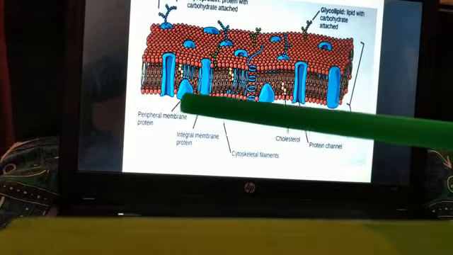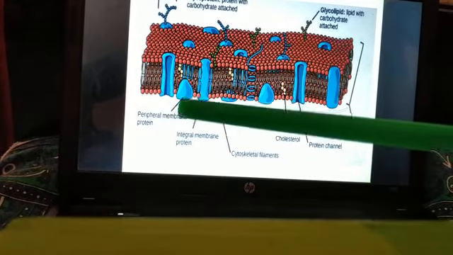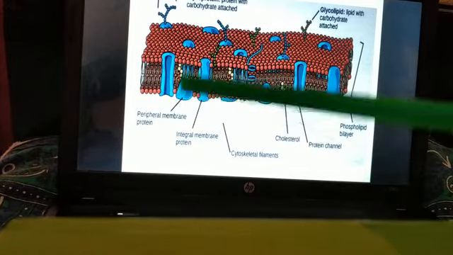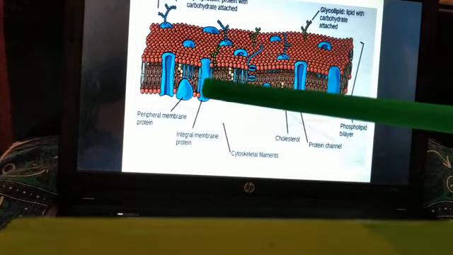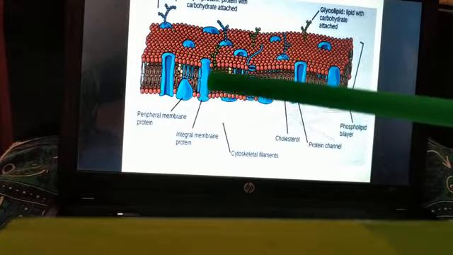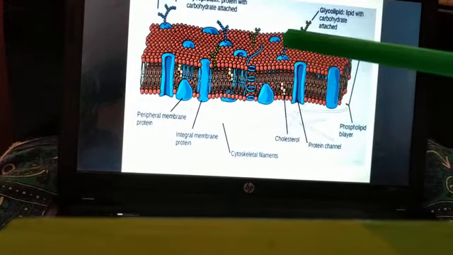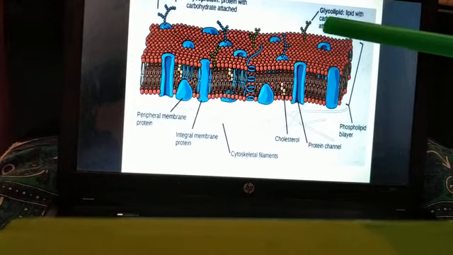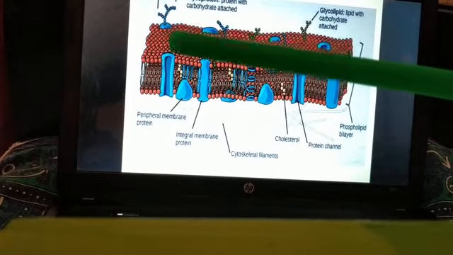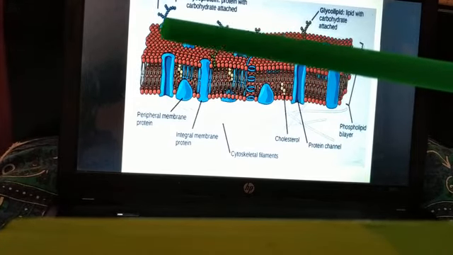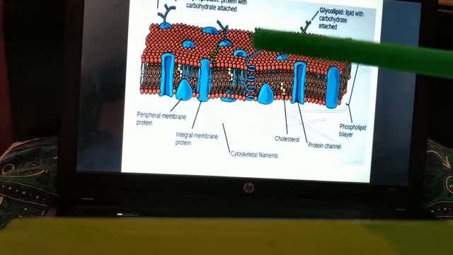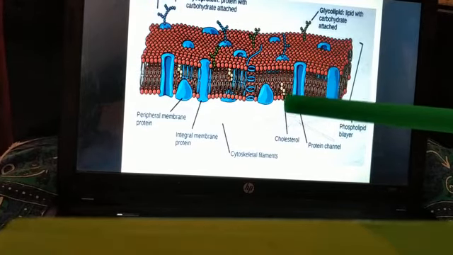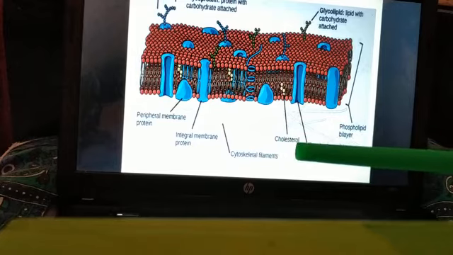This is our peripheral protein or the extrinsic protein. This is the integral protein. And these are carbohydrates like glycolipid, and here glycoprotein. And in animal cells, they also contain cholesterol in the plasma membrane.